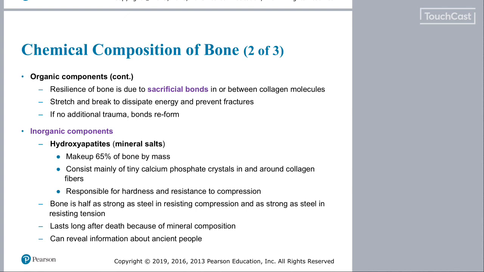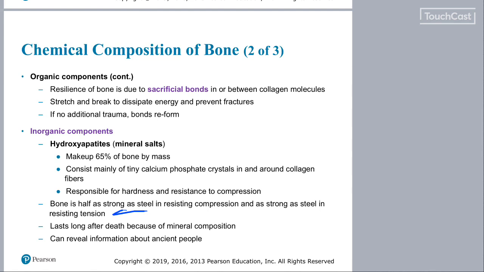Okay, so our inorganic compounds are what we call hydroxyapatites, or mineral salts. They make up about 65% of the bone mass. This is where hardness and resistance to compression come in. These are mostly calcium phosphate crystals that we find in and near the collagen fibers. Bone, interestingly enough, is half as strong as steel in resisting compression and as strong as steel in resisting tension.